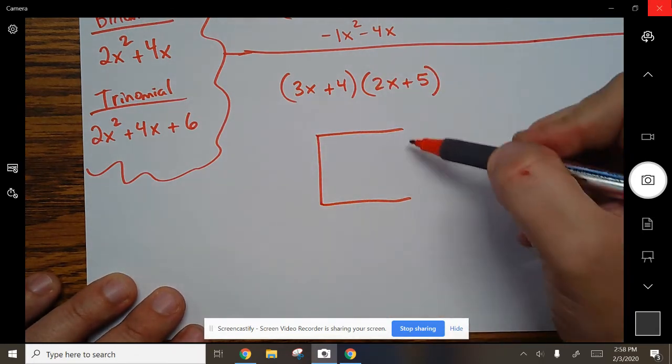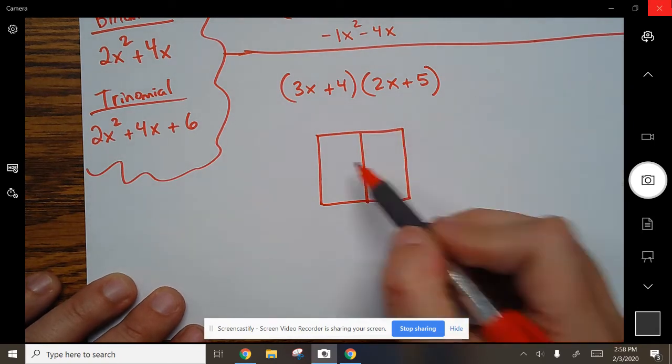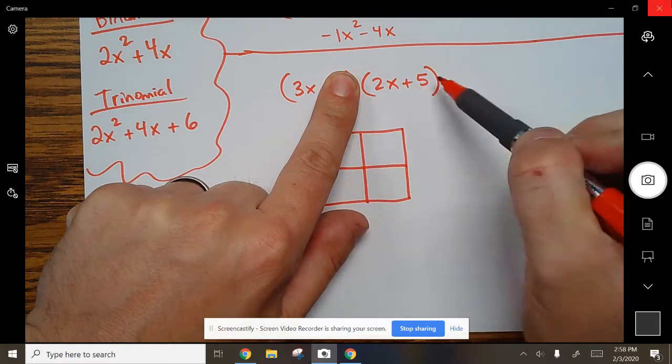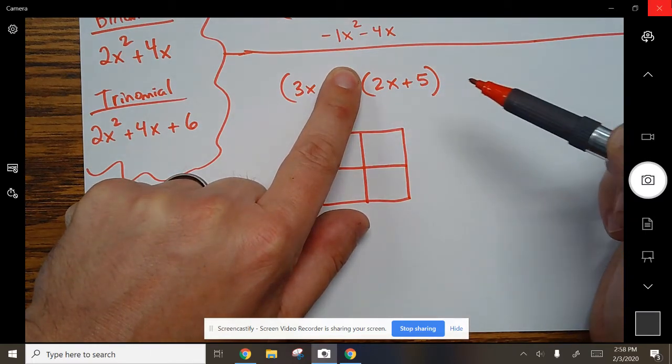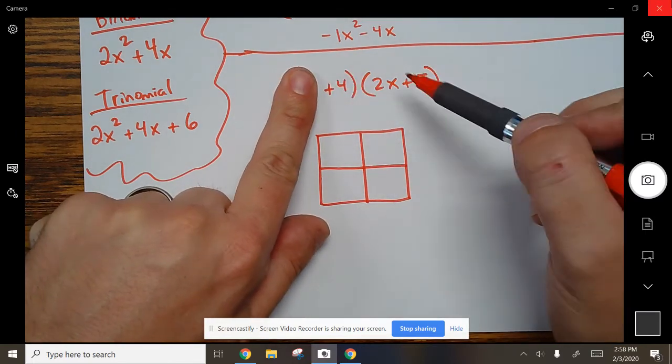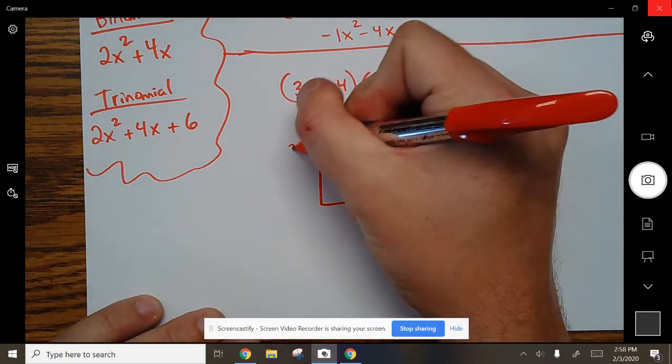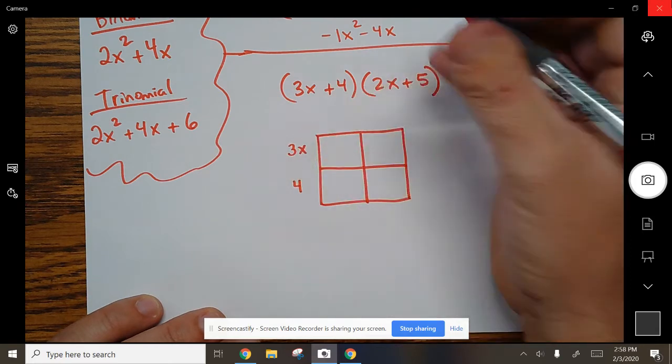I want you to create your Punnett square for these kinds of multiplications. All you're really doing is distributing the 3x into the parenthesis and multiplying, and then distributing the 4 into the parenthesis and multiplying. That's a lot of distributive property, but I like to set it up with the Punnett square just to organize your work.